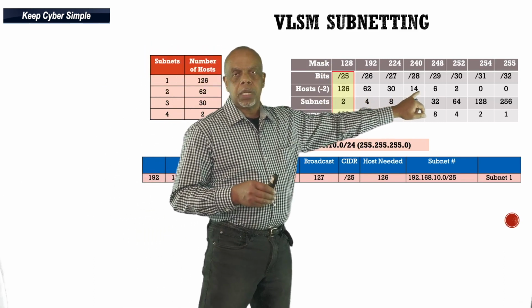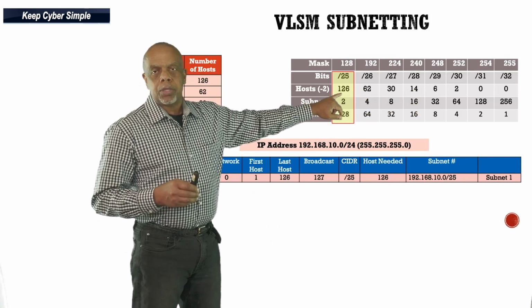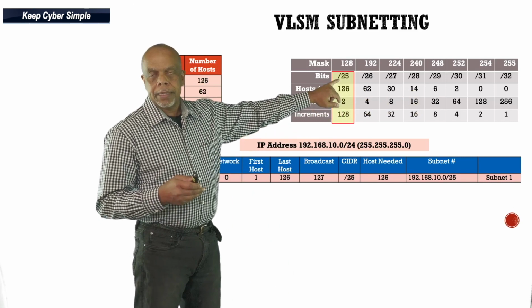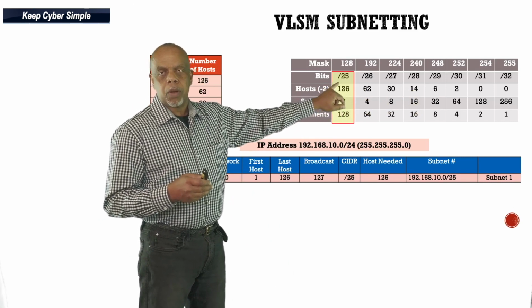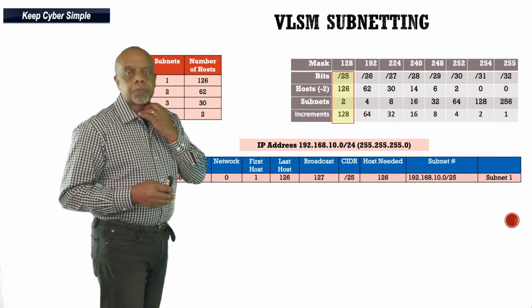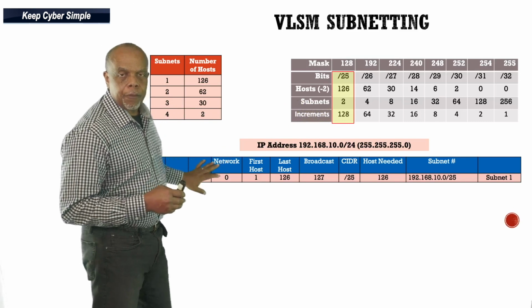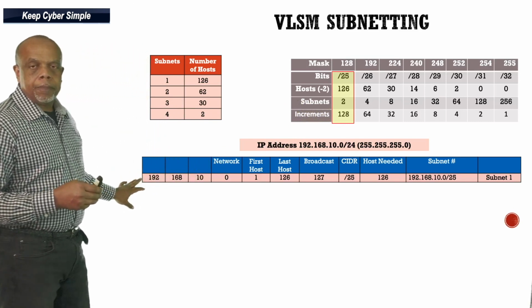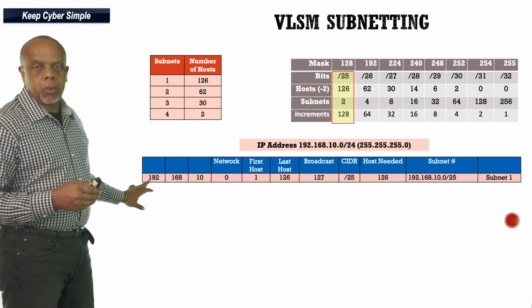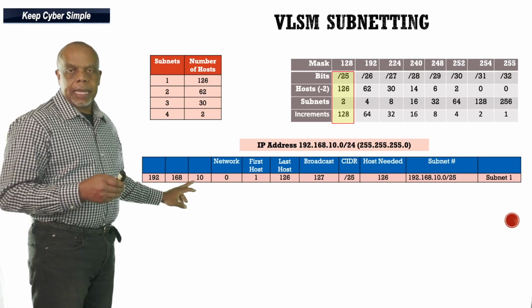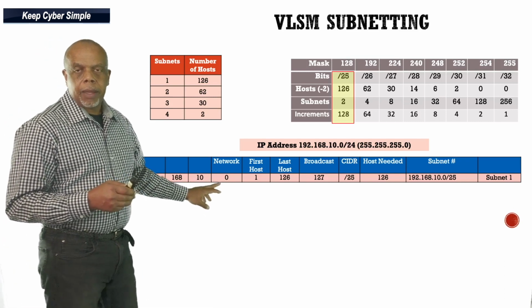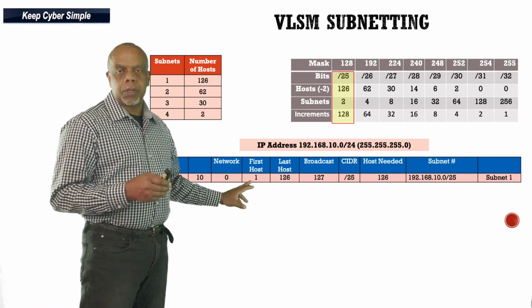None of these others will allow that. So I will use that, and that tells me that the number of bits required is going to be /25 with 2 subnets, okay? So my first subnet is going to start with 192.168.10.0, and my first host is going to be 1.